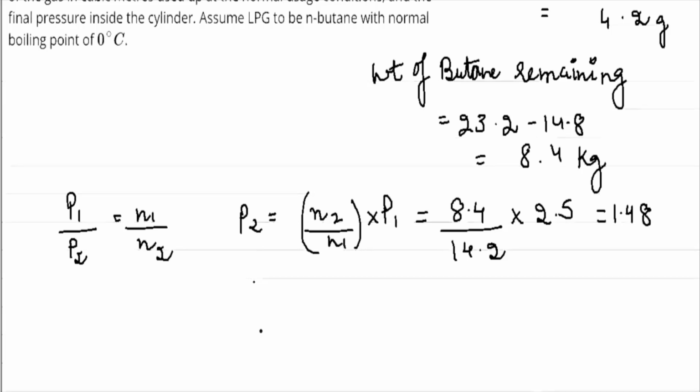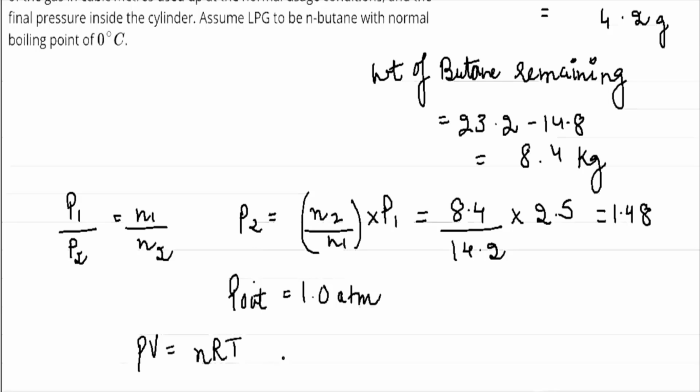Now we know that the pressure of gas outside the cylinder is equal to 1 atm, right? And we also know PV is equal to nRT. So what is the volume of the gas? Volume of the gas is nRT divided by P, which will become equal to 14.2 minus 8.4, multiplying this value into 10 raised to the power 3.